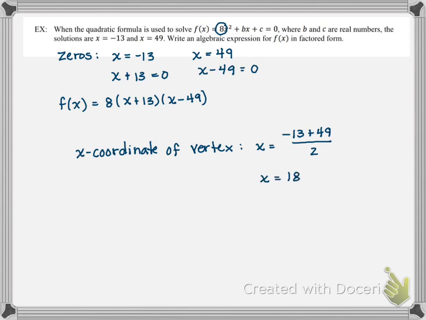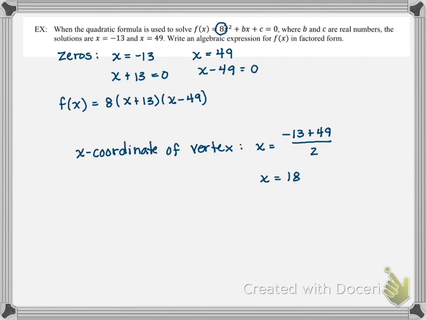And then again, to find the y-coordinate, you would just plug it into the function. But see how we don't have to go through the trouble of distributing just to use the vertex formula? Because if we remember how we got the vertex formula, we can just apply that to these zeros. So we're just averaging our zeros to find the x-coordinate of the vertex.